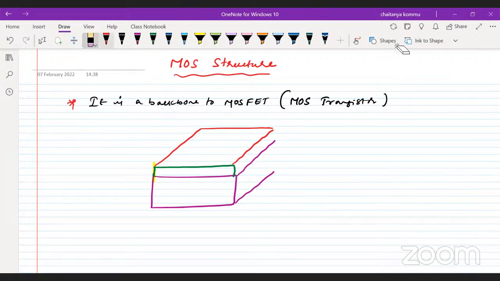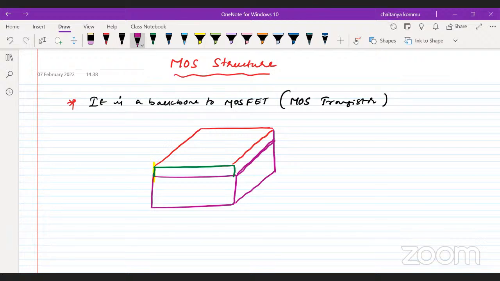So this is the three-dimensional view of your MOS structure. It's better to identify that on top of it we have another material. It's very difficult to visualize this unless we use a three-dimensional view.